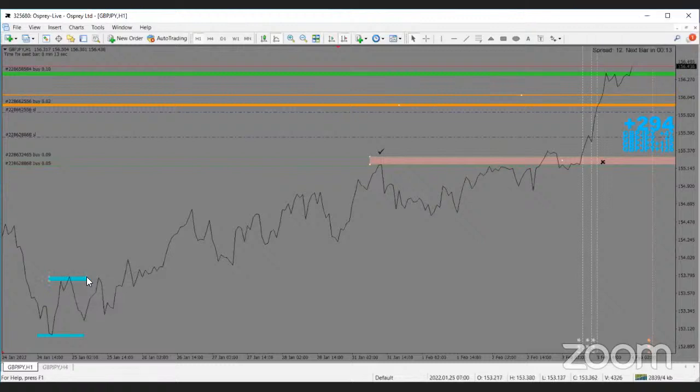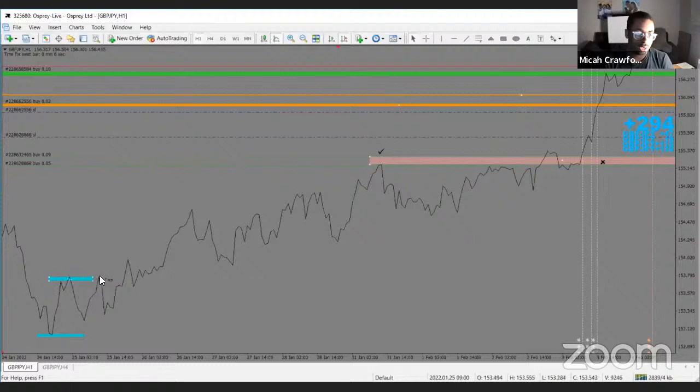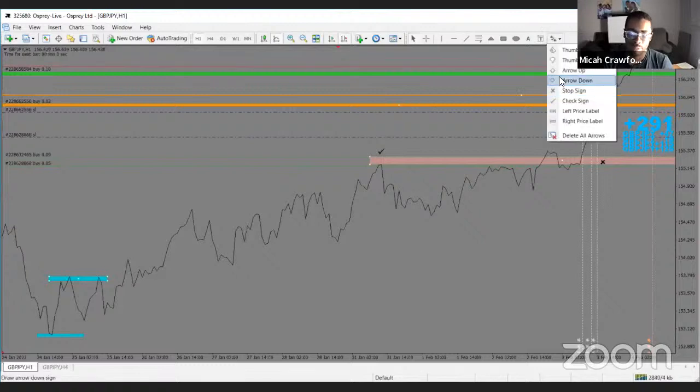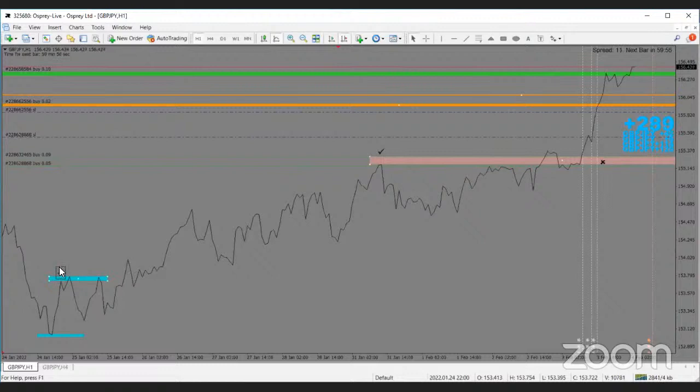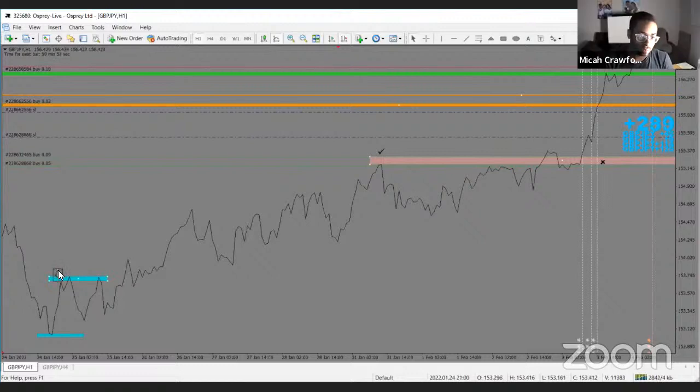So if we extend this over, how many touches do we have for resistance? How many touches do we have of that box? 3. Very good. 3 touches. Okay. All right. 1, 2, 3. Let's put it on the line chart. Put it on the candlesticks.